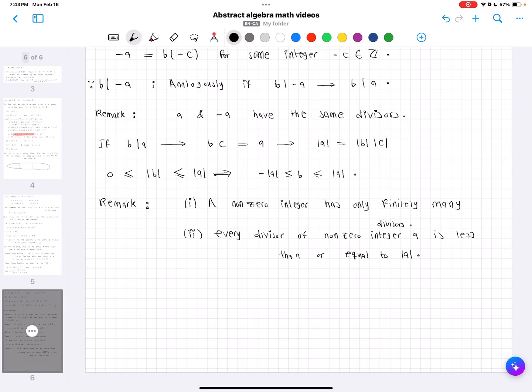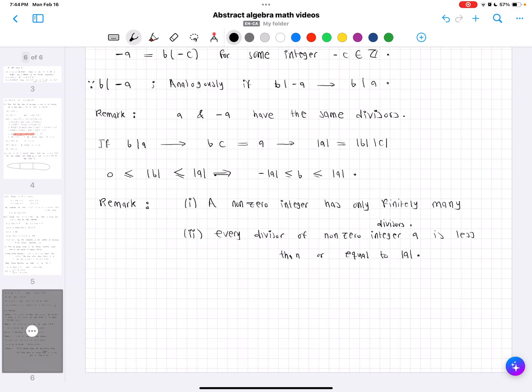If you have any integer A, then A divides A because A times 1 is A, and also 1 divides A because 1 times A is A. So that means any two numbers have 1 as a common divisor all the time.